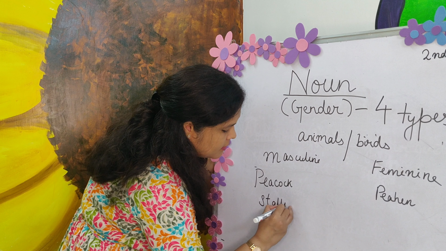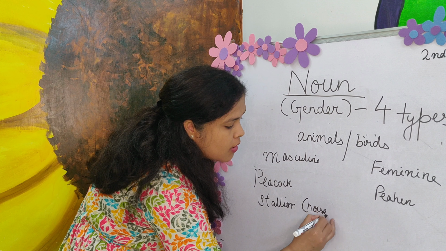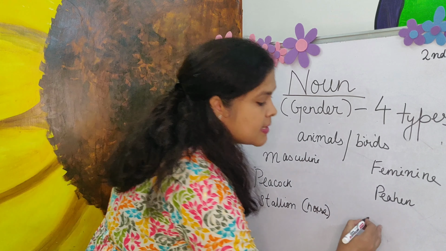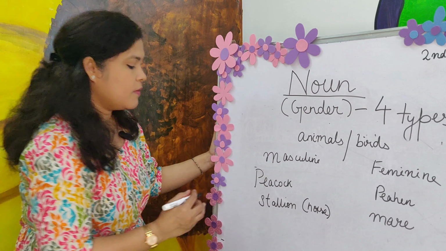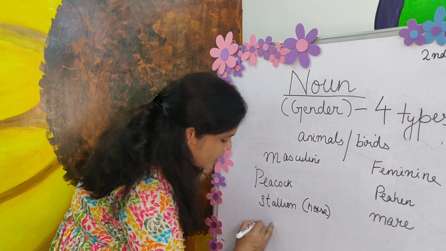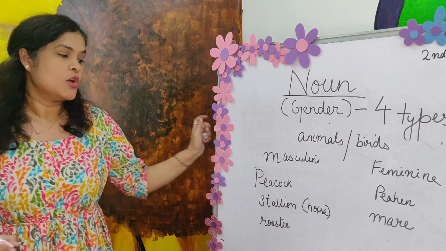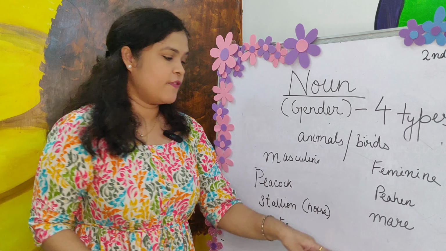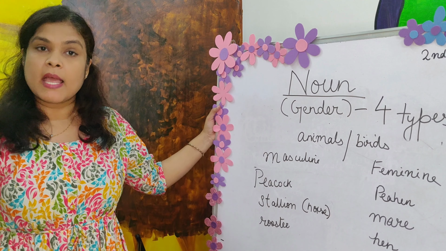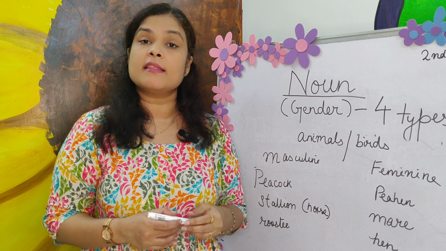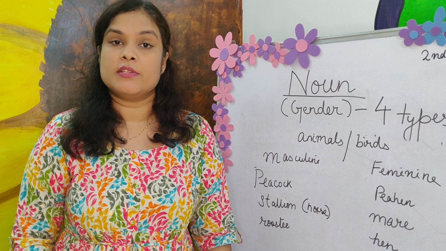Stallion, which is a male horse, okay? So a male horse is known as a stallion, whereas a female horse is known as mare. We talk about, let's say, rooster. Kukuruku. Now did you get it? Rooster is the masculine and the feminine would be hen. Again I'll repeat this, we will be putting a link in the description box where you will be getting a list of feminine and masculine gender.